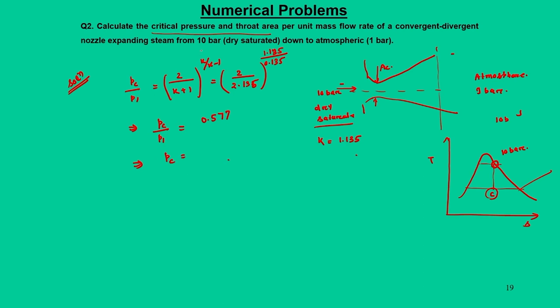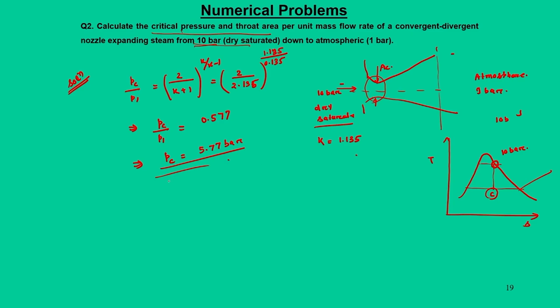Initially it is 10 bar, so it is 5.77 bar. So, basically steam expands from 10 bar to a critical pressure at the throat, typically it will happen at the throat. And once we know these critical pressures, then we can find out the other conditions.